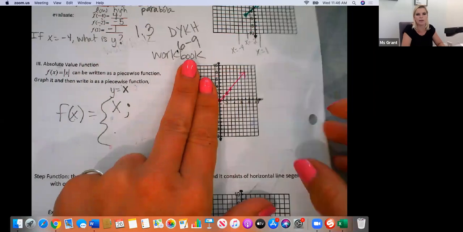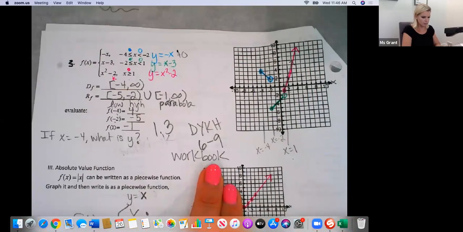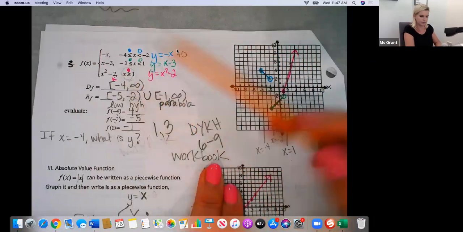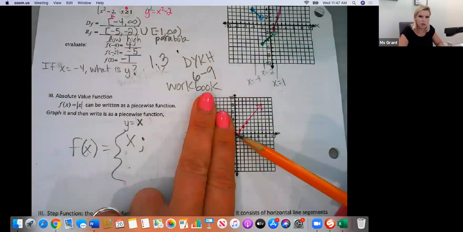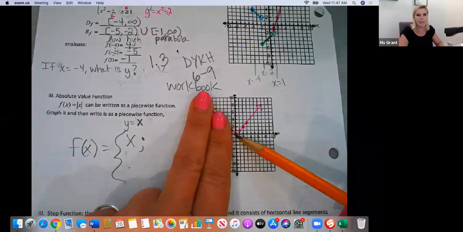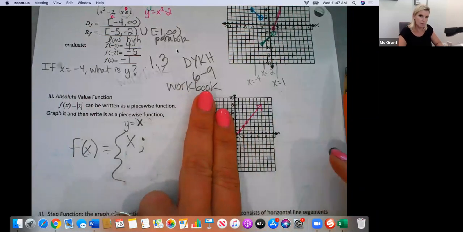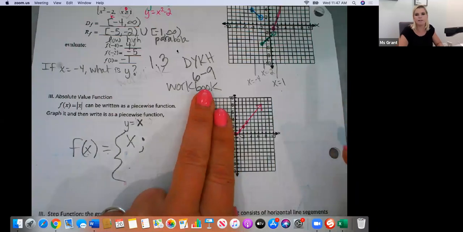It's going to look like this: x is something greater than or less than. So where does my graph start? What number does it start at? And then is it greater than, like bigger, going to the right? So I need a volunteer to tell me how to write the restriction, or the constraint, we call it.